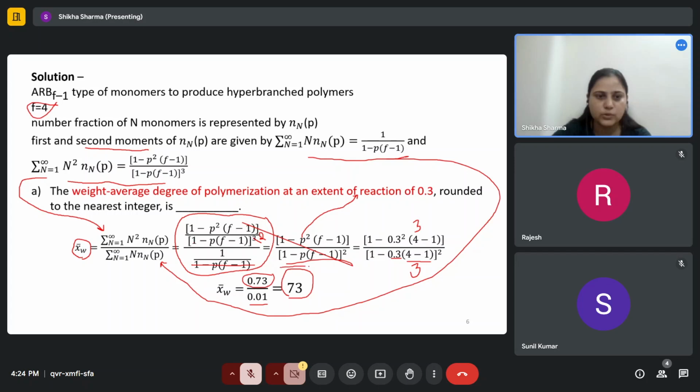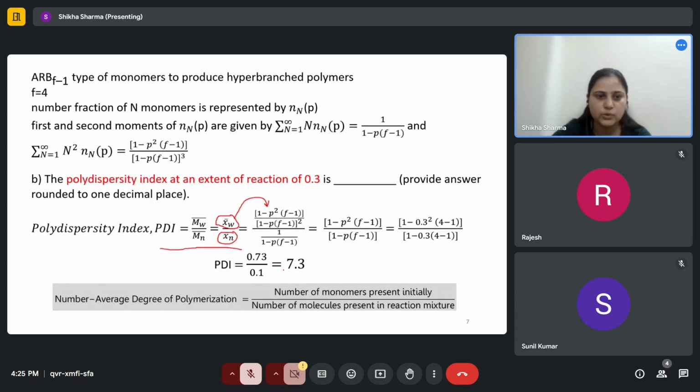So we got this equation, right? In this we need to just put the weight average degree of polymerization value, which is 1 minus p squared multiplied by f minus 1, divided by 1 minus p, f minus 1, whole to the power 2, which is squared, divided by the number average degree of polymerization, which is nothing but what it is.